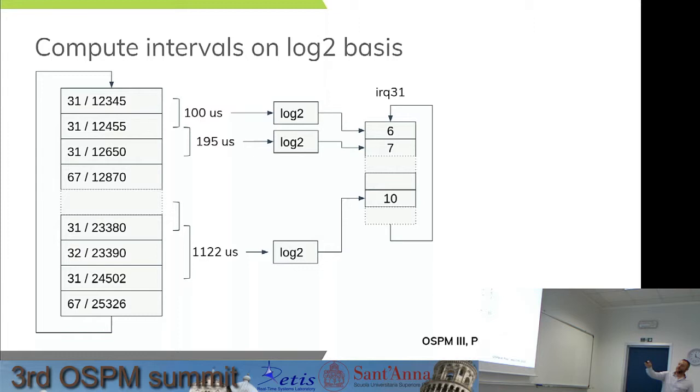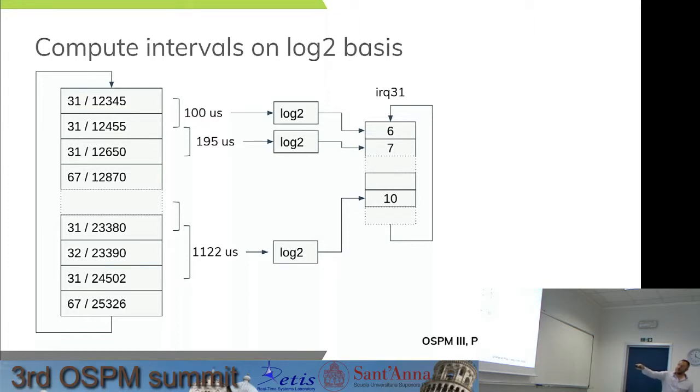So this is on the left. We have the circular buffer, with the interrupt number and then the timestamp. At idle time, we flush this table, we read, and we dispatch on a per-interrupt basis into the different tables. So we have interrupt 31, for all the interrupt 31 events we compute the interval between two events, then we compute the log2 of this interval and store the result in an array.